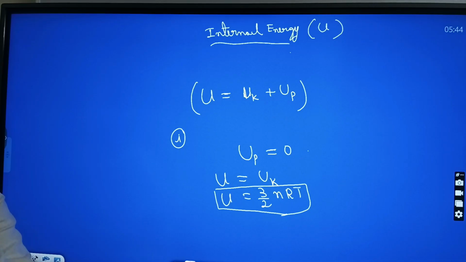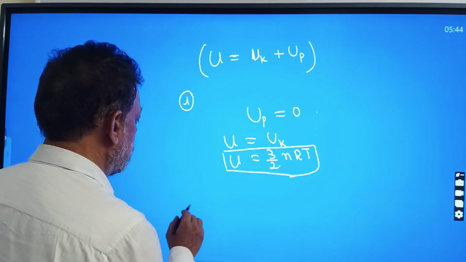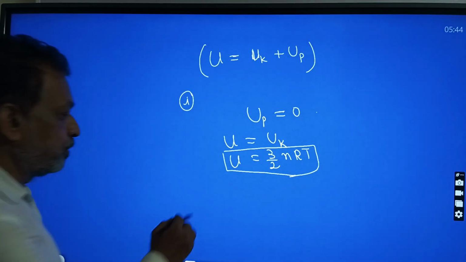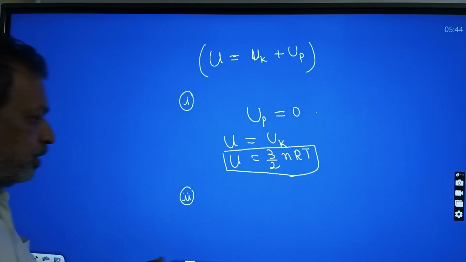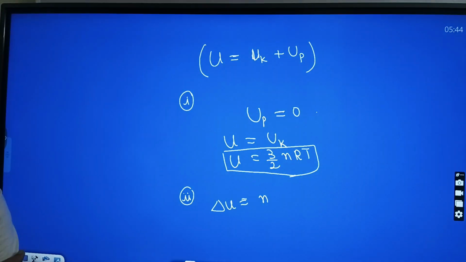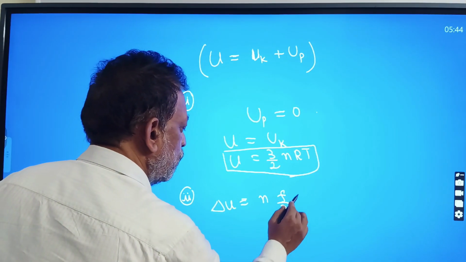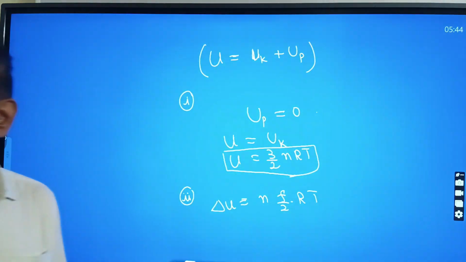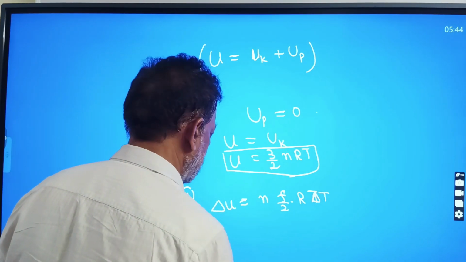Next point. In case of gases, whatever be the process, delta U is equal to n into f/2 into R delta T, where delta T is the change in temperature.